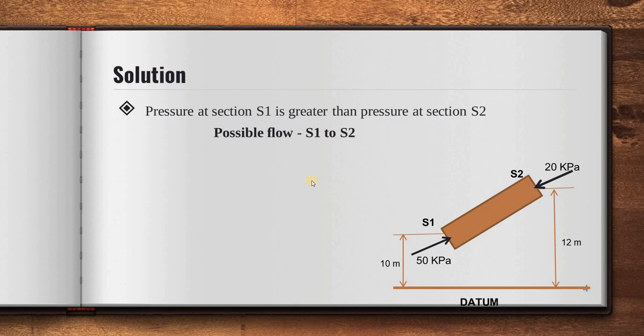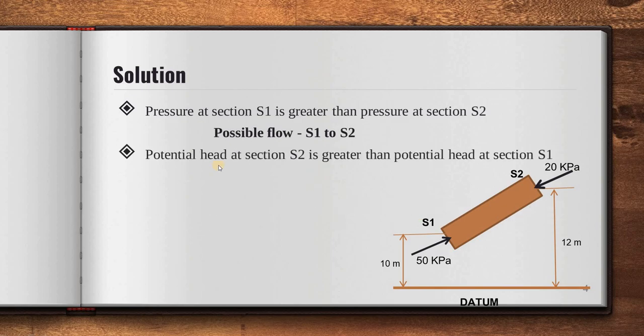But at the same time, when we observe the potential head at sections S1 and S2, we can see that the potential head at section S2 is greater than at section S1. So on the basis of potential head difference, the possible flow will be what?